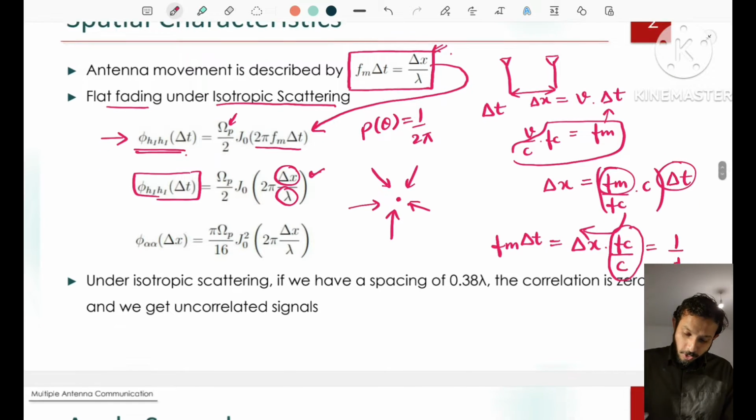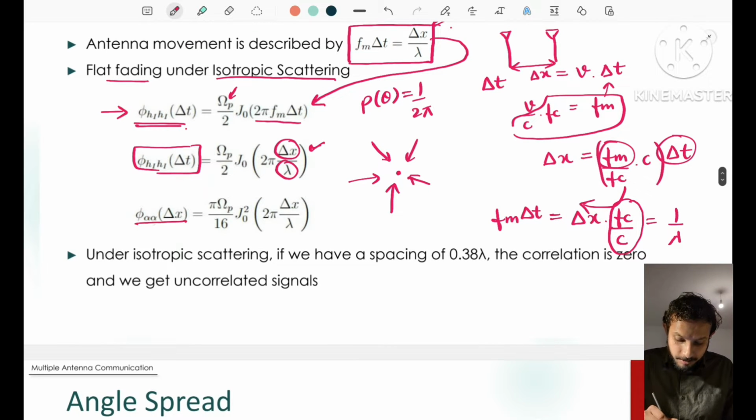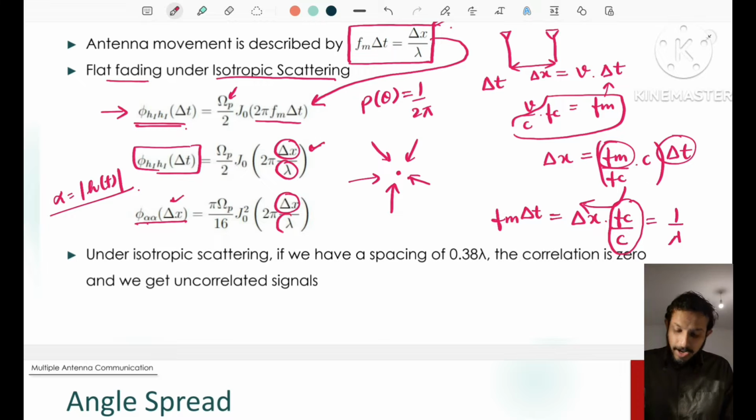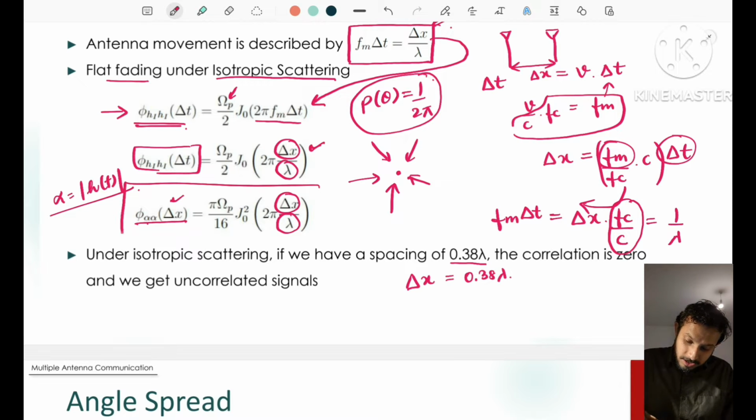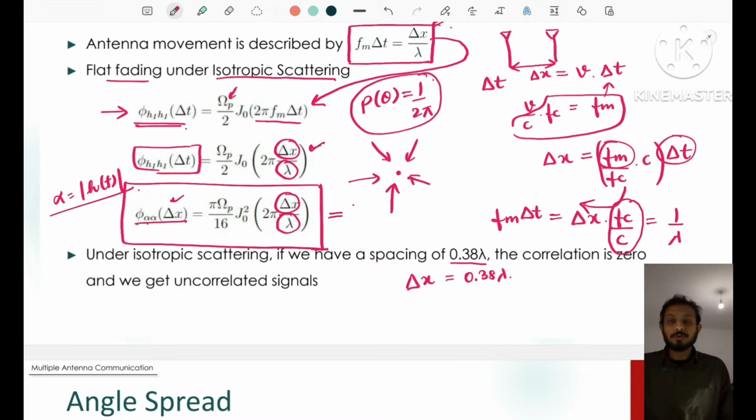And similarly, we can also obtain the correlation of the envelope of the received signal with itself. Here, alpha is equal to mod of h of t. And we can also see that this correlation is also a function of delta x and lambda. Now, under this condition of isotropic scattering, that is p theta is equal to 1 by 2 pi, if we have a spacing of 0.38 lambda, that means if delta x is equal to 0.38 lambda, this correlation is equal to 0.